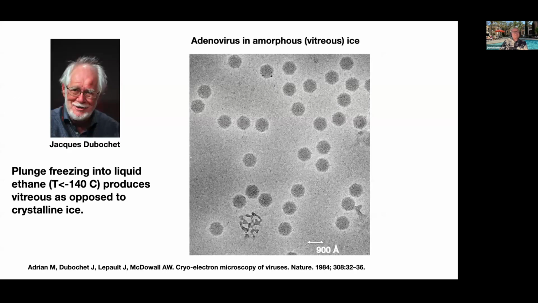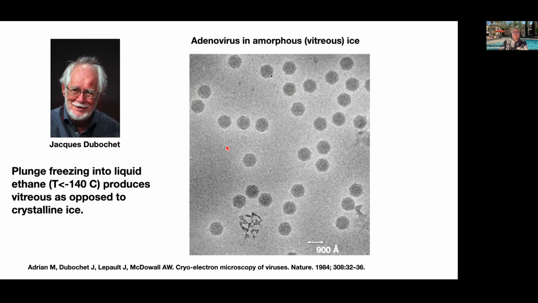Well, along came Jacques Dubochet and his colleagues and found out that by plunge freezing into liquid ethane, you could produce vitreous ice, which at the time was considered to be impossible. And he had a good deal of trouble getting his work on vitreous ice published, but he did.